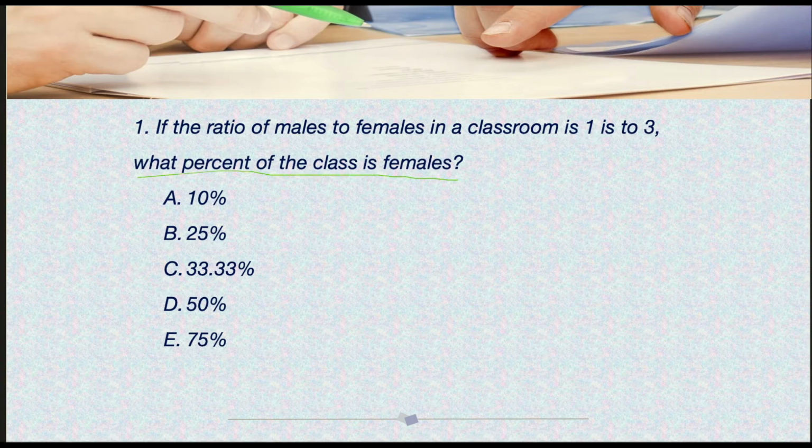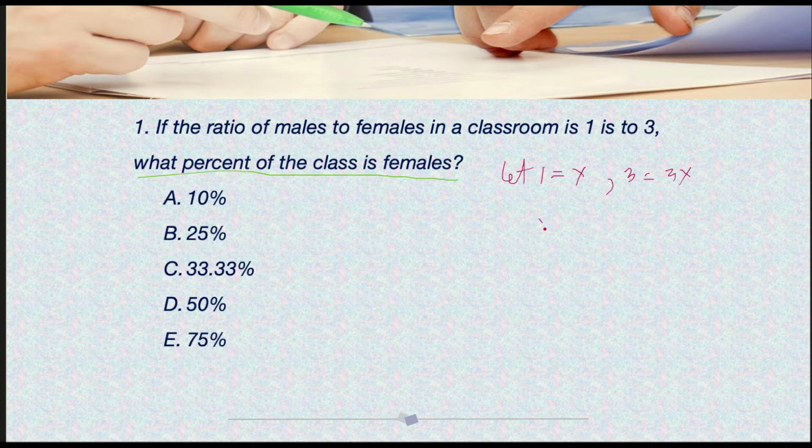So the technique is to find how many percent represents one part of the 100% of students in a classroom. You can do that by representing 1 as x and 3 as 3x. Let 1 be equal to x and 3 be equal to 3x, and we will equate that to 100%.